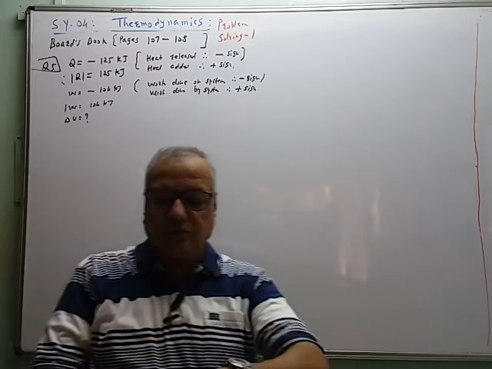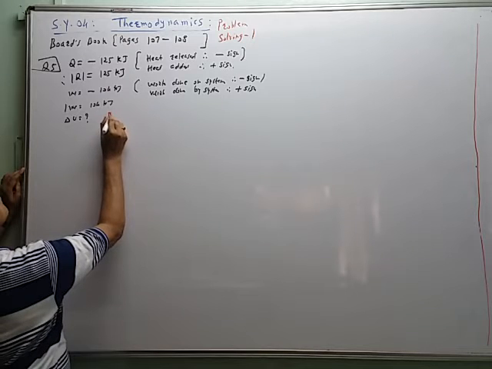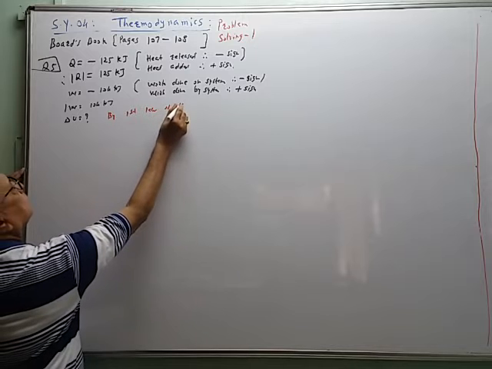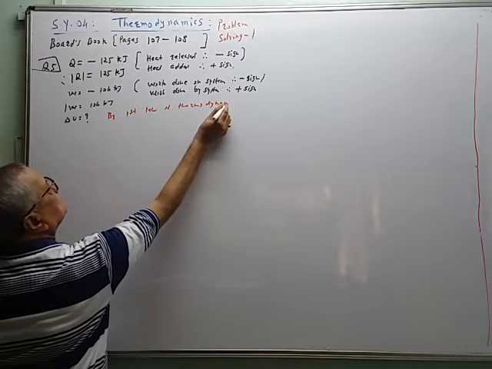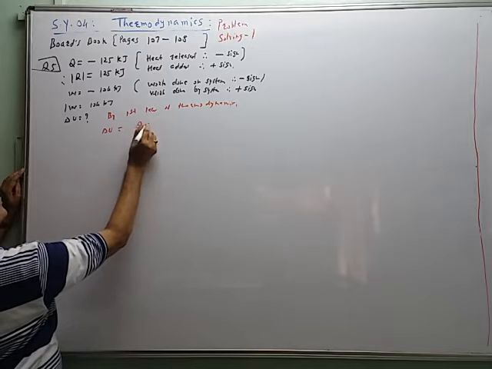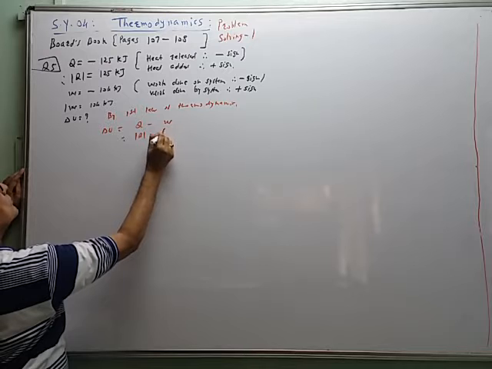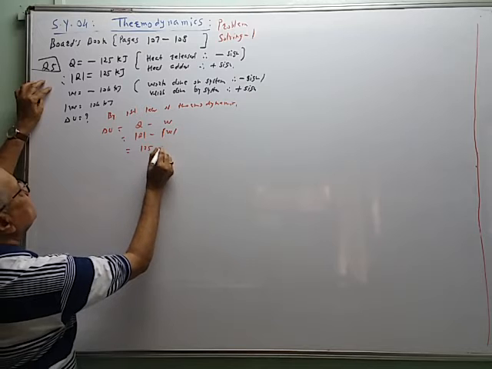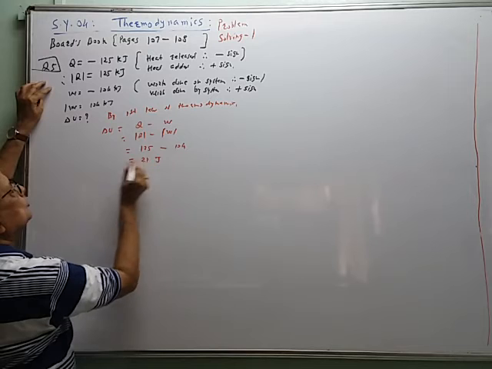So again we will use the first law of thermodynamics. By first law of thermodynamics, delta U is equal to Q minus W, mod of Q minus mod of W. So that is equal to 125 minus 104, that is equal to 21 joule.